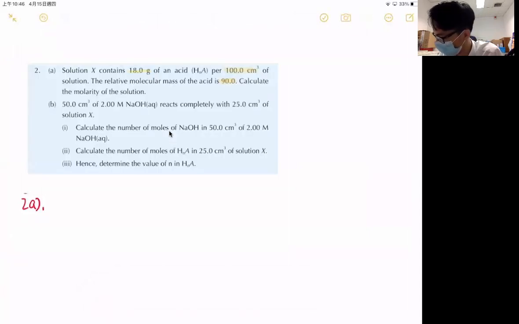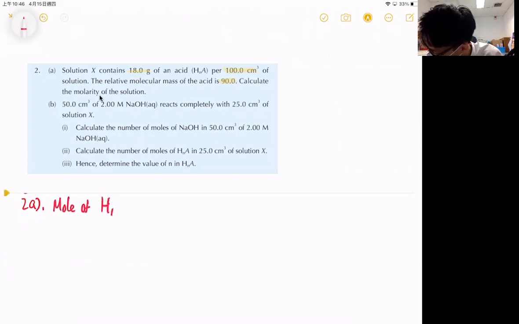First of all, we have the mass, we have the molar mass, and we can find the mole, and we have the volume, and we can find the molarity. First we find the number of moles of HNA, and it will be 18 divided by 90.